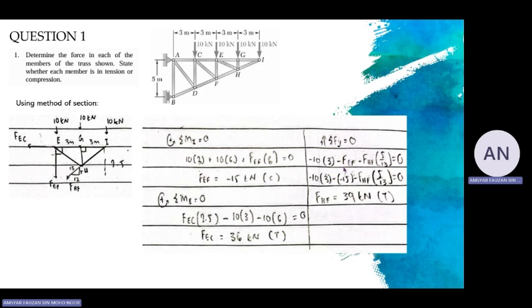We substitute the result of FEF that we got from the earlier calculation, force EF is negative 50, and after doing this calculation we get FHF equals 39 kilonewton, a positive value. That means it is a tension force. So we move to the next part.